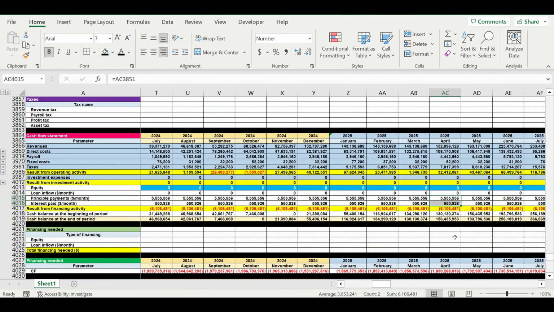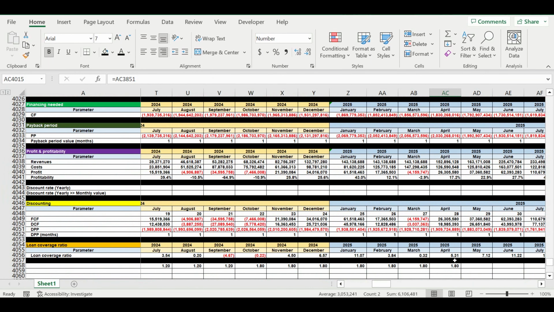If this ratio is less than 1 or dancing around 1, this means that your business idea with this structure of financing is not stable, and you need to decrease the amount of loan. This ratio will show you when your project starts being stable and the operating profit is significantly higher than the amount of loan that you have to pay monthly.